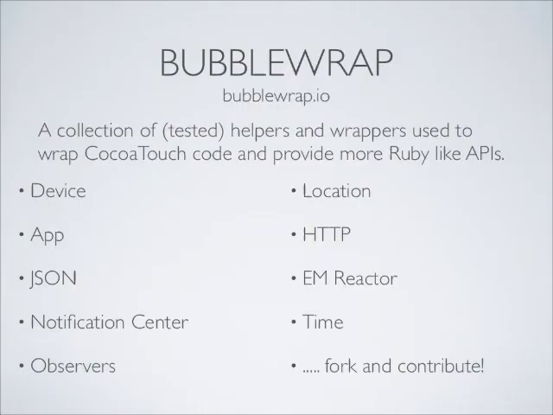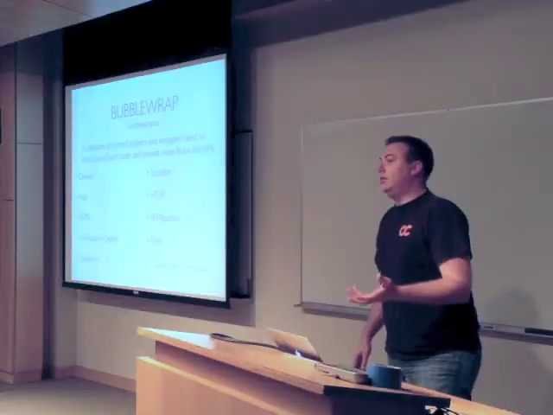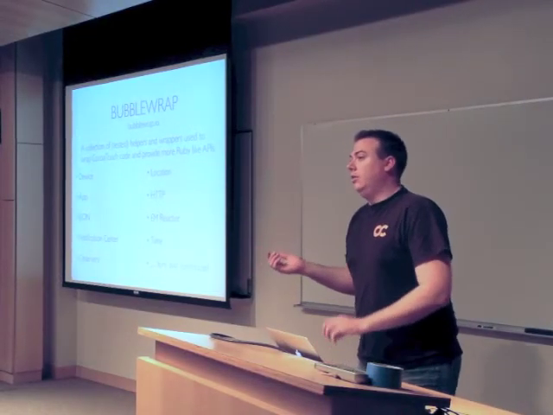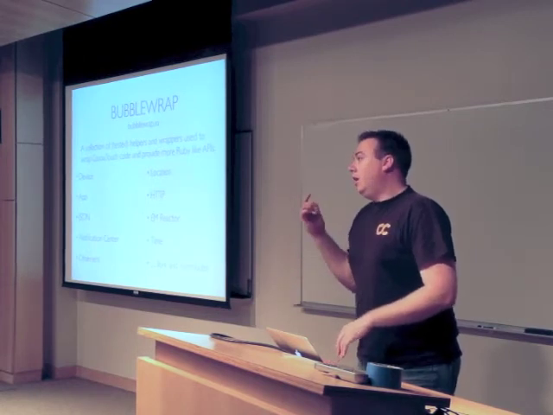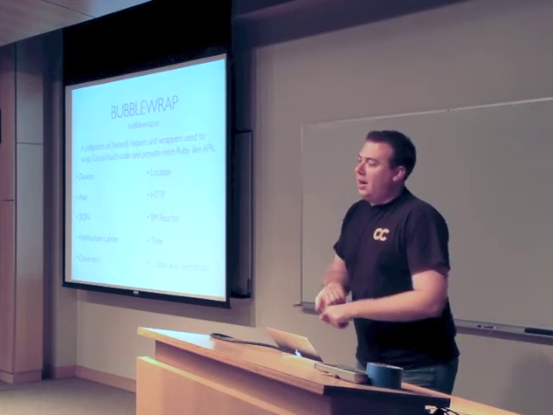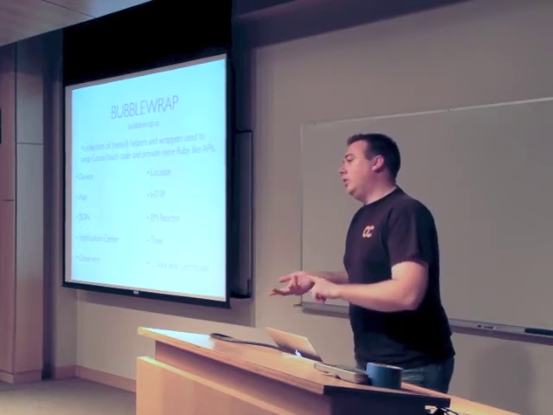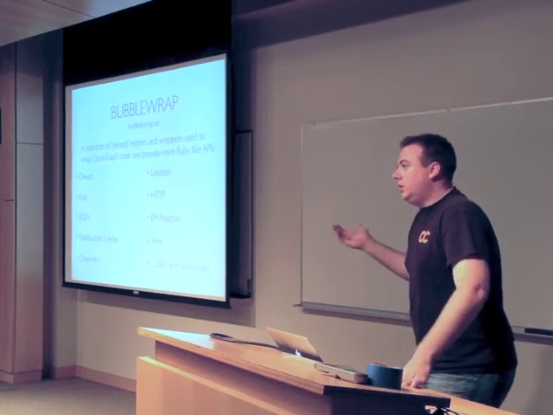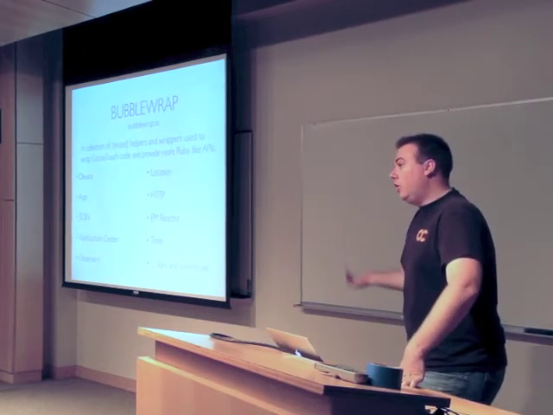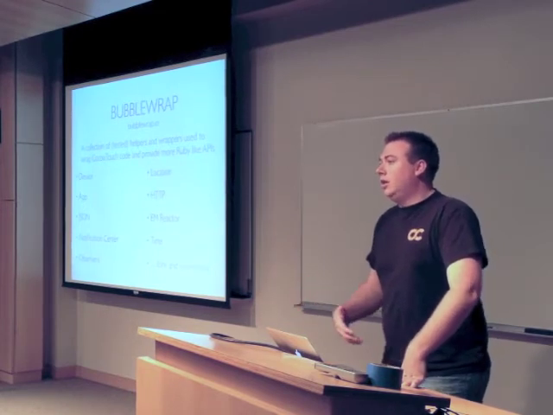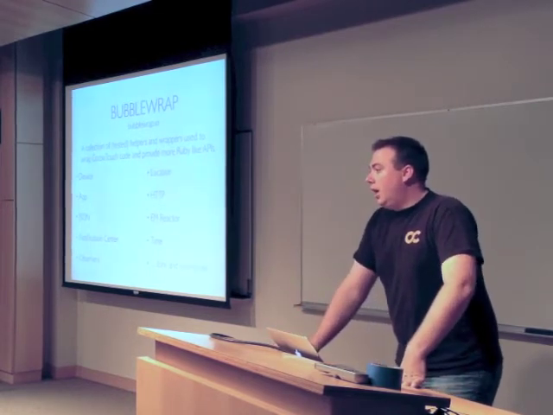Here are some examples of things that you can do a lot simpler than calling the Apple Objective-C APIs. You can fetch a user's location, determine whether the device is an iPad, an iPhone, whether it's Retina, whether it's not. You can fetch things over HTTP, parse JSON, encode JSON, subscribe to notifications, configure an observer, stuff like that.